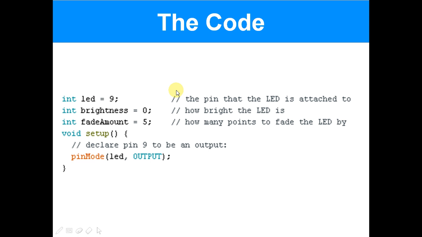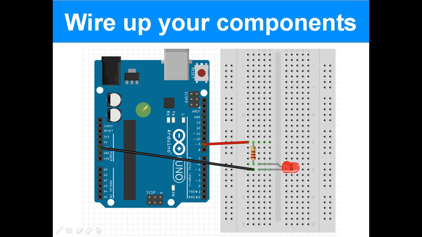The code. The code today is quite a lot harder than what we've done in the past, so pay full attention please. Right. int LED = 9. Integer variables, we've done them so many times now. We've just said that pin 9 is the pin the LED is attached to. If we go back here, pin 9 is the pin that the LED is attached to.